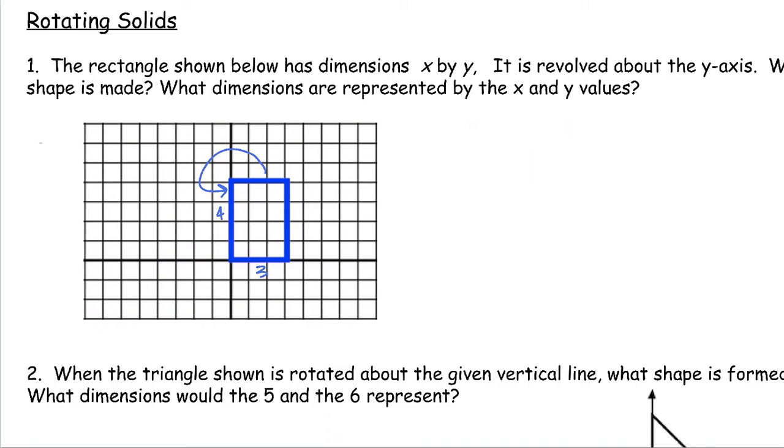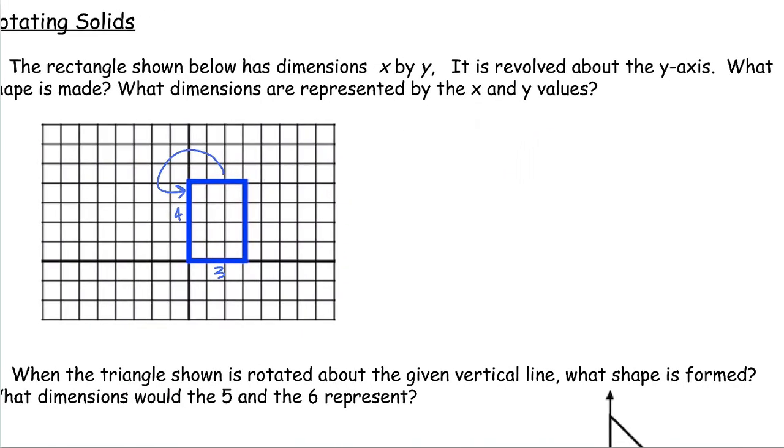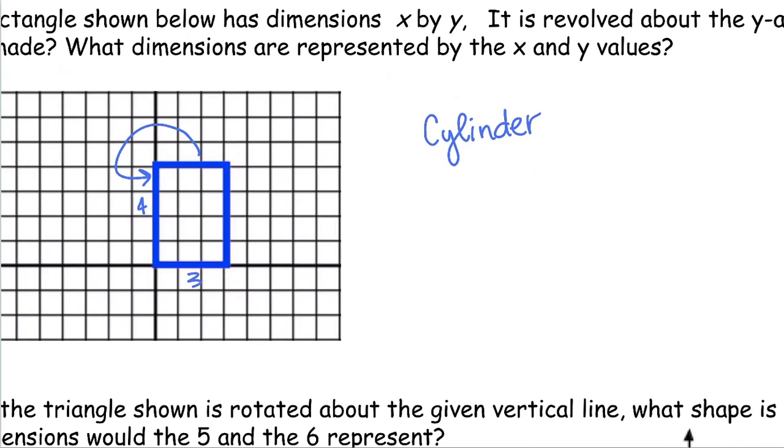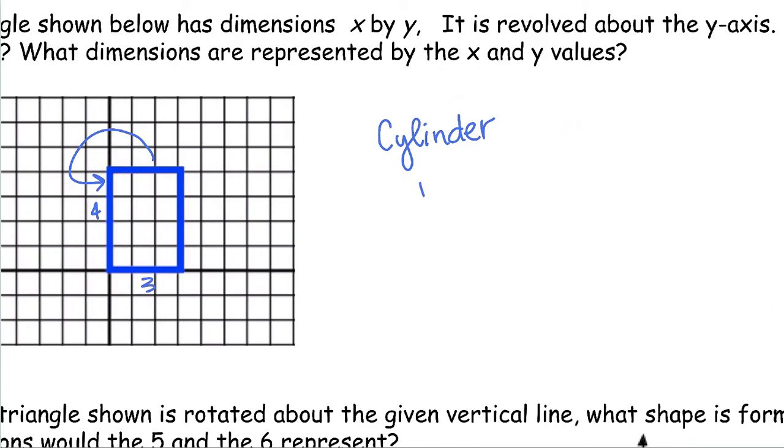If I take the pencil vertically and attach a sticky note to it off to the side and spin my pencil, what I'm going to end up with is a cylinder. And that cylinder will have, in this case, a radius equal to 3 and a height equal to 4.